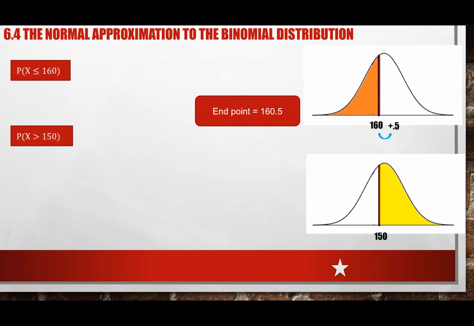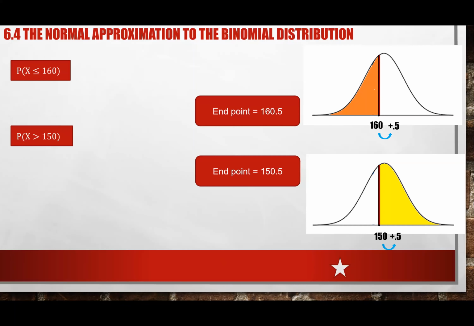Now you ask yourself, do you include the endpoint of 150? In this case, we do not. Because we don't include 150, we have to go to the right, and to go to the right, I add 0.5, which gives me my endpoint at 150.5.